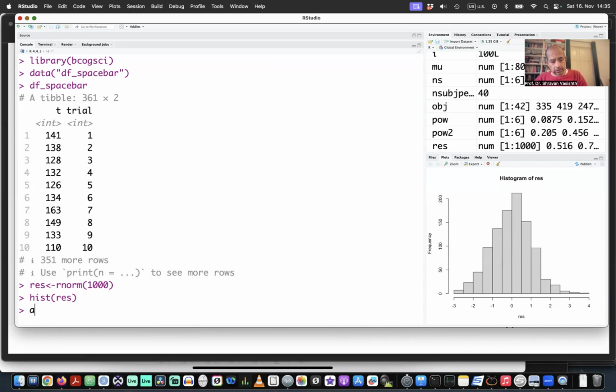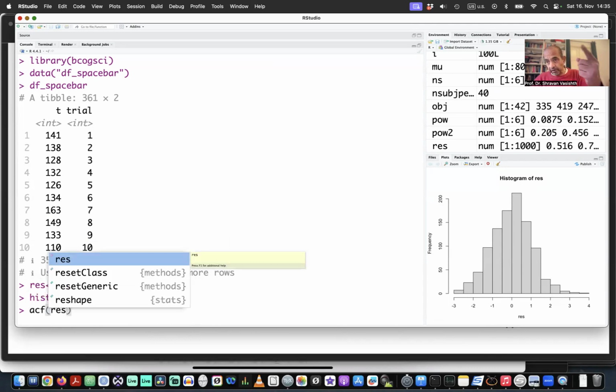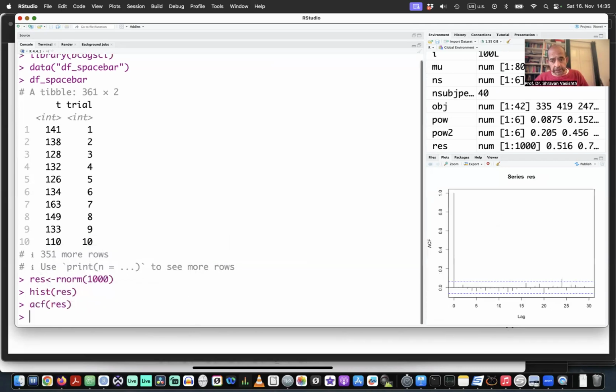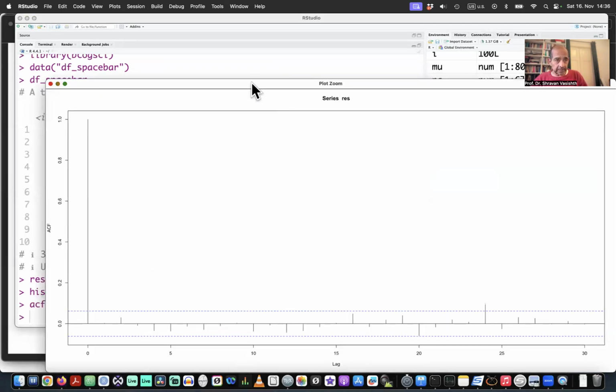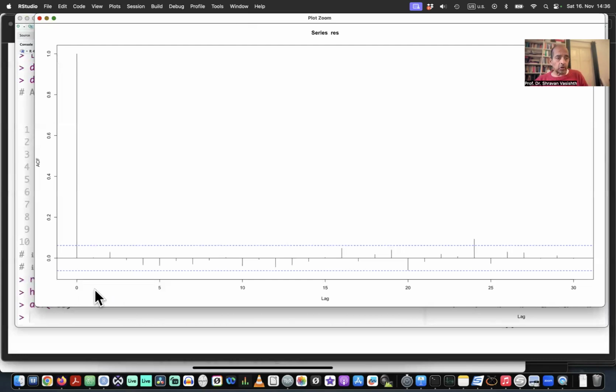But you can use the autocorrelation function, ACF, on the residuals from a fitted model, and you can check if the residuals are in fact independent of each other or not. What the autocorrelation function ACF does is look at the correlation between every data point and itself. That will of course always be 1. Then it will look at the correlation between every data point and the next data point, and that should be 0, right?